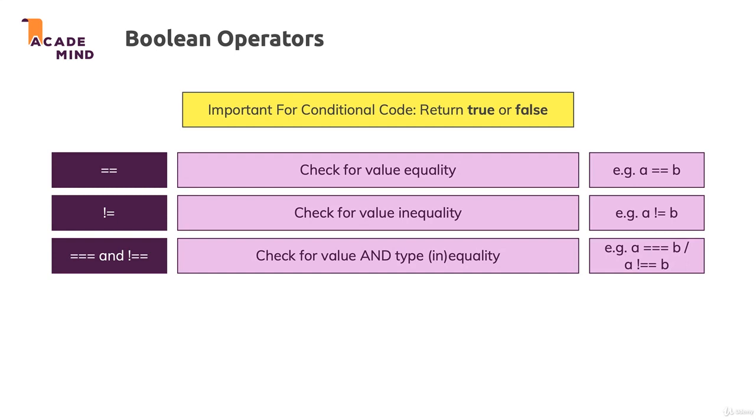Typically in JavaScript, you should prefer the triple equal sign or not equal operator over the double equal sign or not equal operator, simply because it forces you to write better code. You should care about the types of values you're working with. For example, if you're checking some user input and comparing it to some number, you should first convert the user input to a number so that you can use the triple equal sign operator.